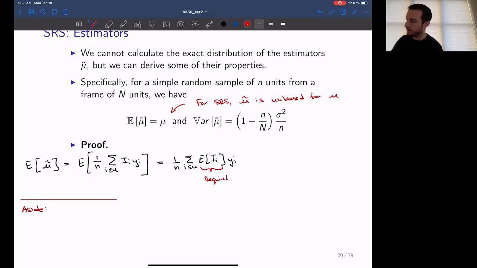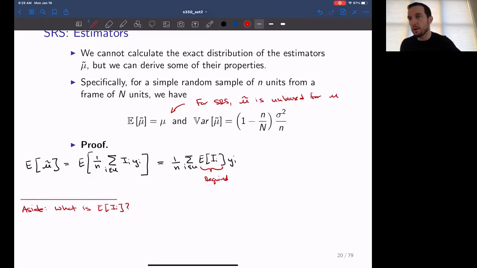This is required. So what is the expected value of I sub i? That's our little aside, just to finish off the proof.